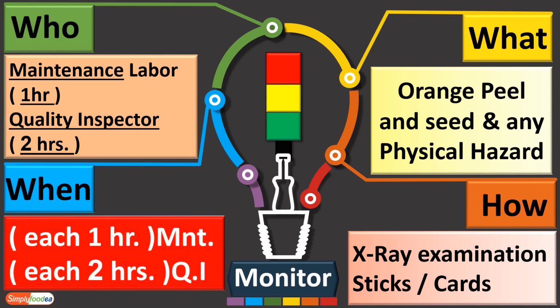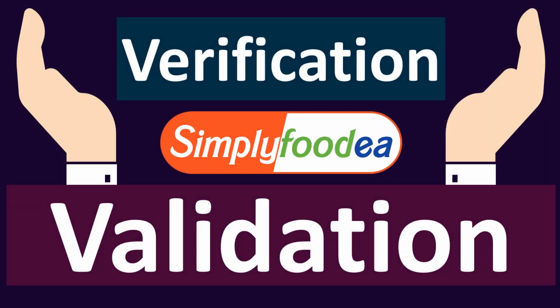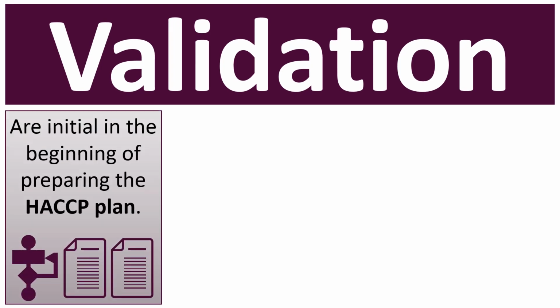So all these questions show that the validation is more comprehensive than the verification, as the validation is initial, at the beginning of preparing the HACCP plan. From the validation, I say that I will check this CCP or OPRP point, for example, each 2 hours.